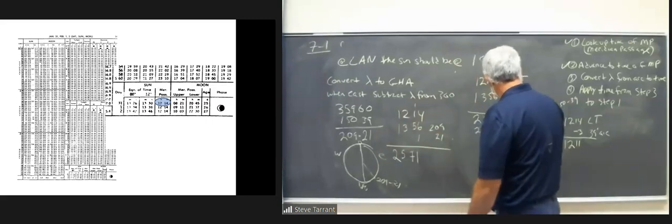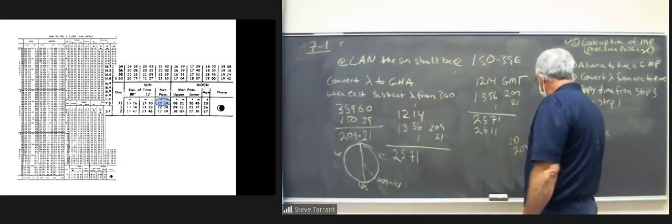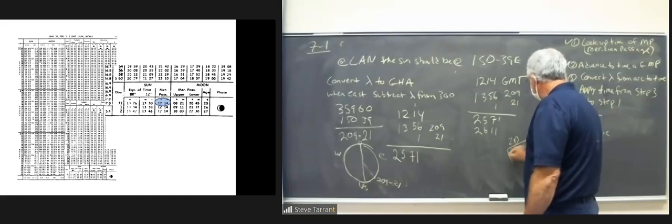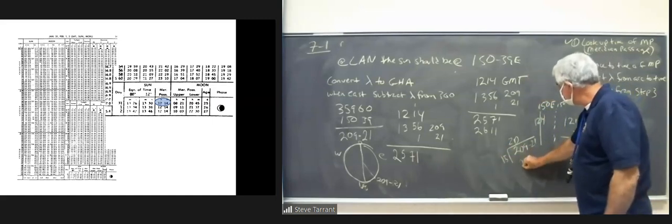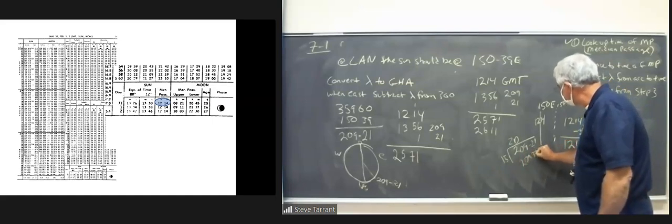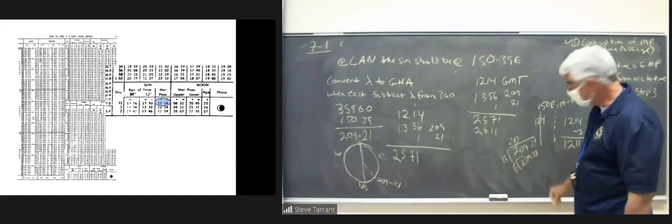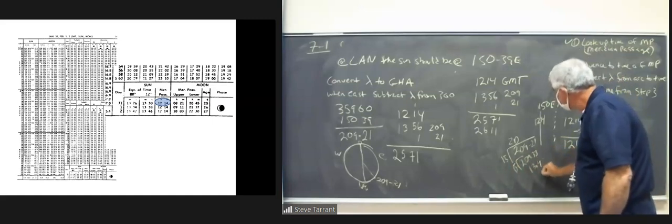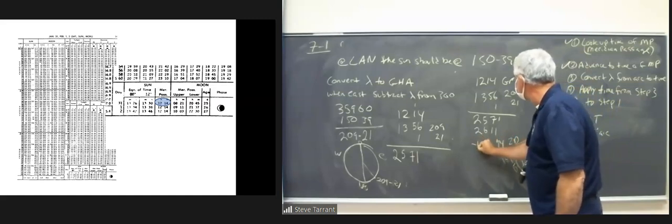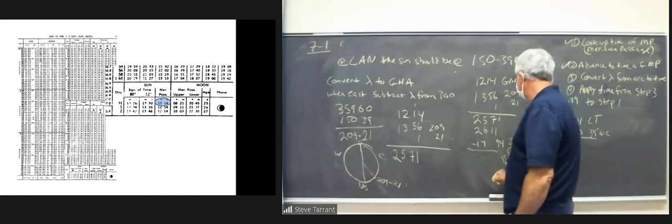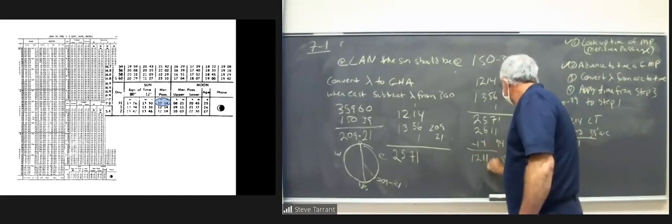So 209.33 basically, divided by 15, turns out to be 13.9. So that means my zone description is plus 14. So now I subtract 14 and I get 12:11. Same time.